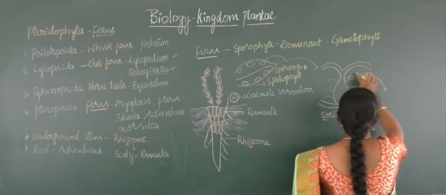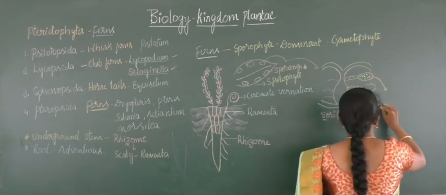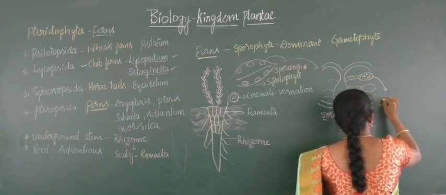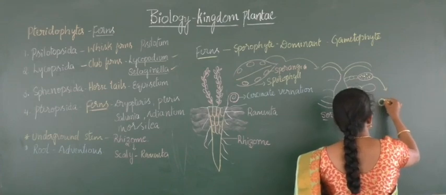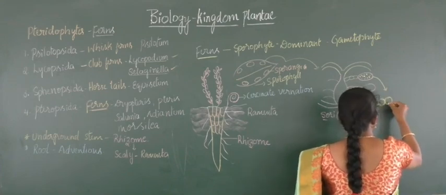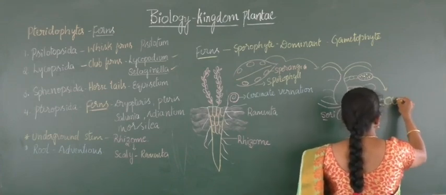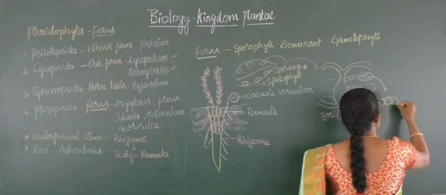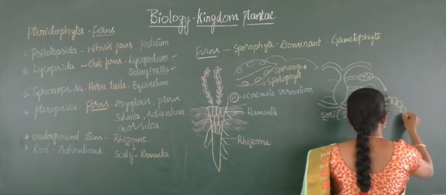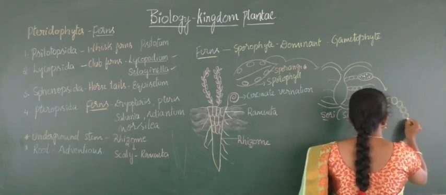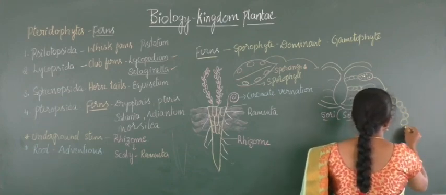And if you find out the structure of the sporangium, on one side there will be a presence of thick walled cells called annulus. These are the thick walled cells called annulus. On any one side, very thin walled cells help in dehiscence of the spore mother cells.